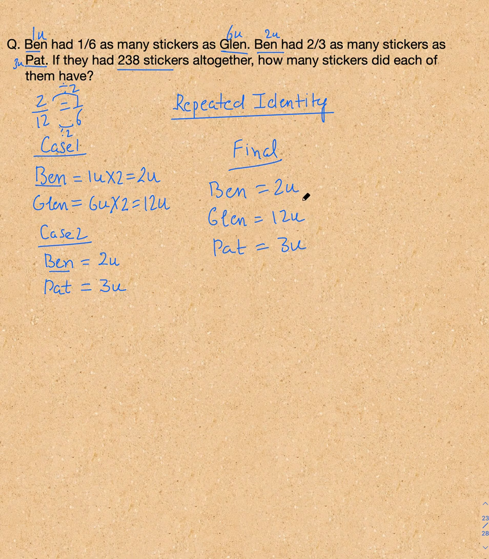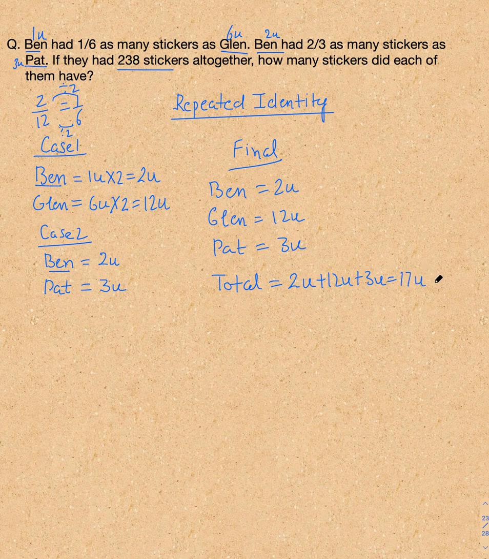We also know how much in terms of units each of them is having, so we can calculate the total number of units. The total is 2 units plus 12 units plus 3 units, so that will give me 17 units.